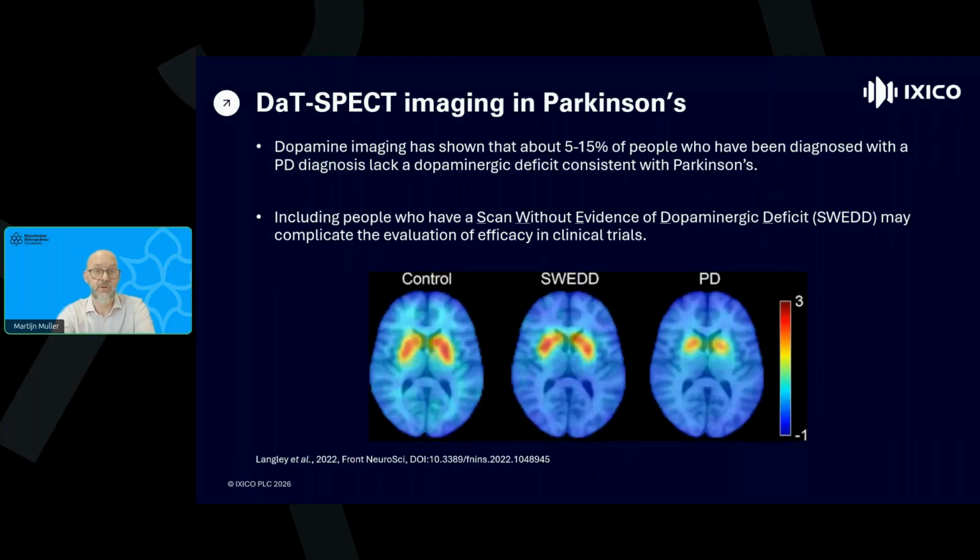So imaging really might provide a solution to identify those participants and either include them in the trial knowing that they are a SWED, or what happens more commonly, exclude them from the trial. Let's go to the next slide, please.